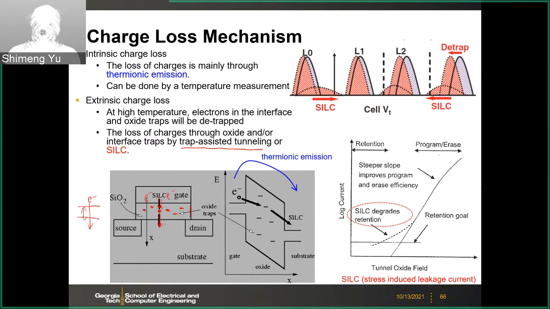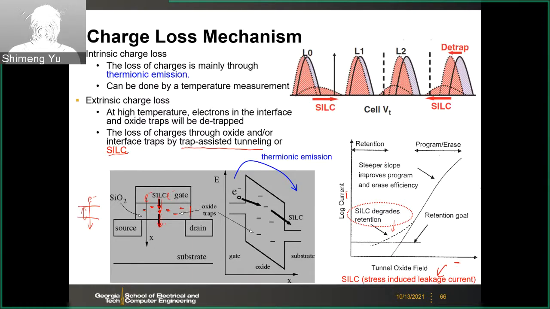So the electrons may leak through those traps, and this will also show up as SILC, the so-called stress-induced leakage current. If you show the gate current versus the gate voltage, or if you translate to the oxide field, you will see increased leakage current.